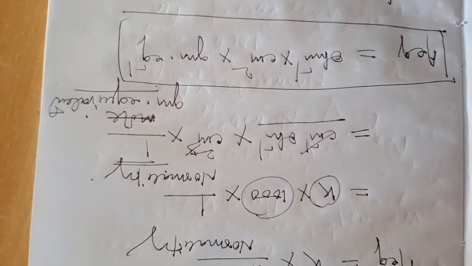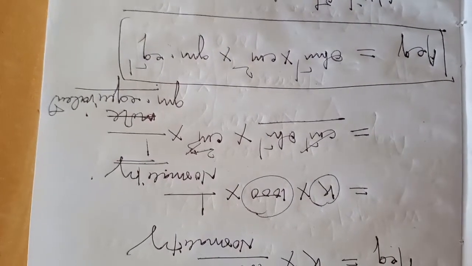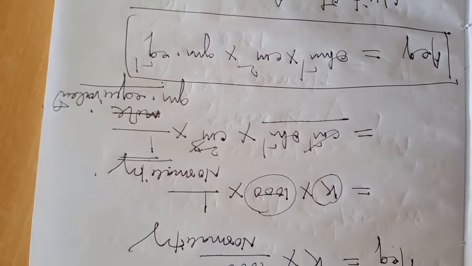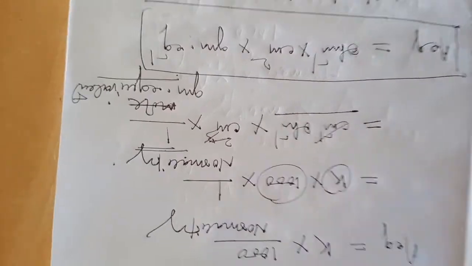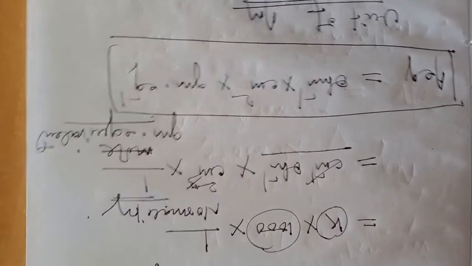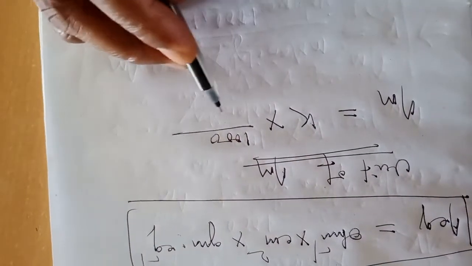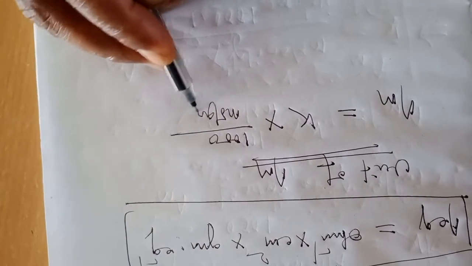Similarly, the unit of molar conductance: molar conductance equals K into 1000 by molarity.